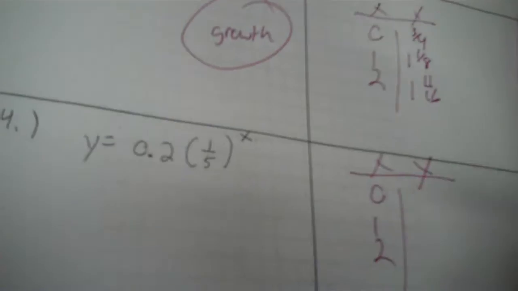Okay, number 4. 0.2 times parentheses 1/5. Remember that to get the 1/5, you go ABC. And I raise that to the 0 power, and that's 0.2. Then I'm going to raise it to the first power, 0.04.